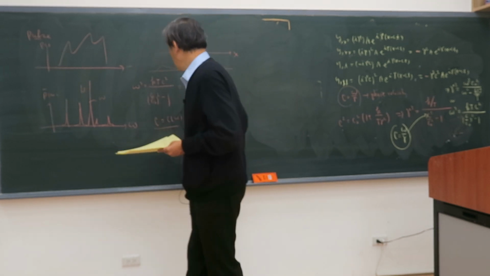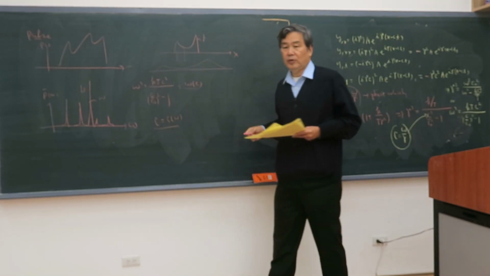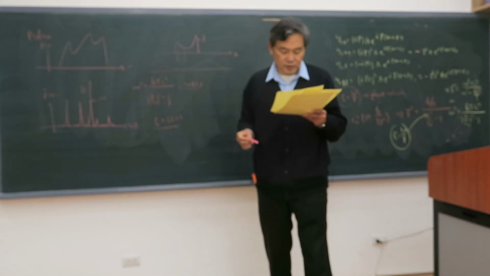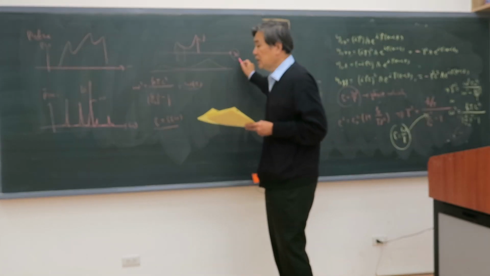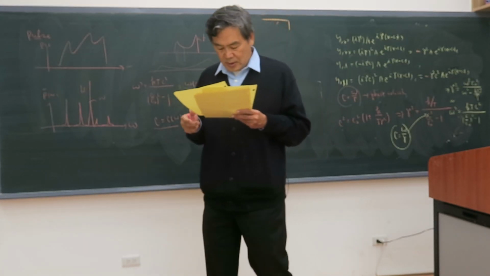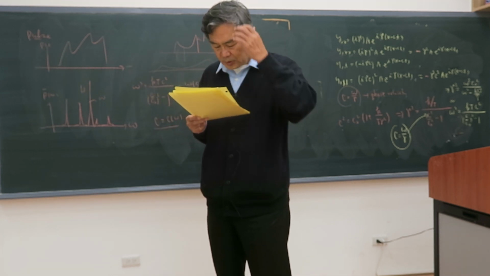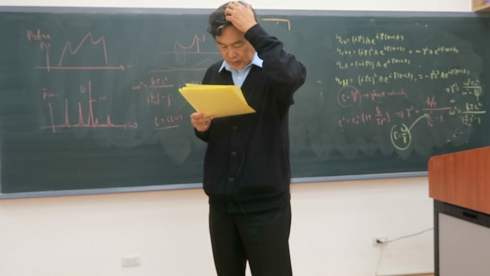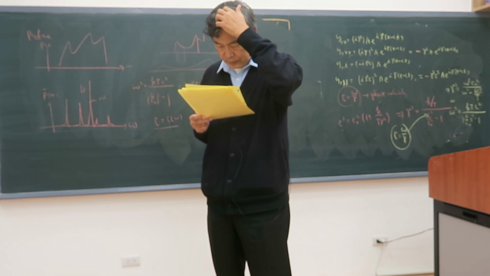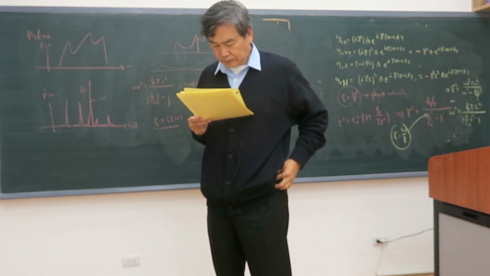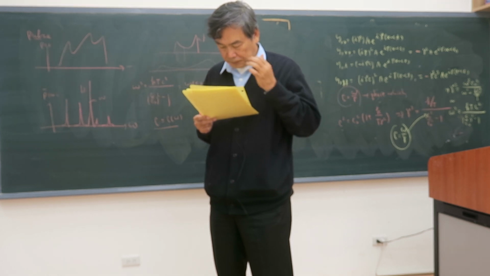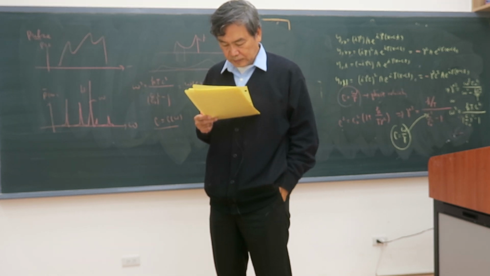That's why we call it a dispersive wave, because the waveform will change. Note this is the x domain, the waveform shape.